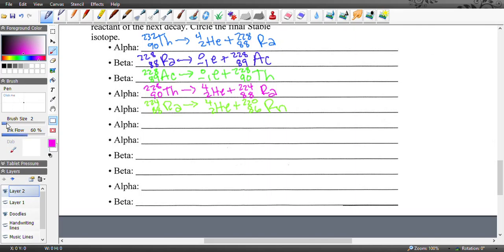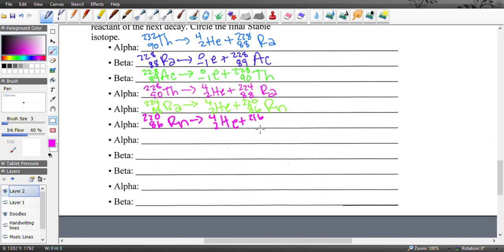Let's see how bad it looks if I change the size a little bit and get rid of some of the shaky. All right, 220, 86, Rn. We're going one more alpha. Like I said, it's trying to lose mass so it can be more stable. It's getting rid of the neutrons. So 220 minus 4 is what? 216.